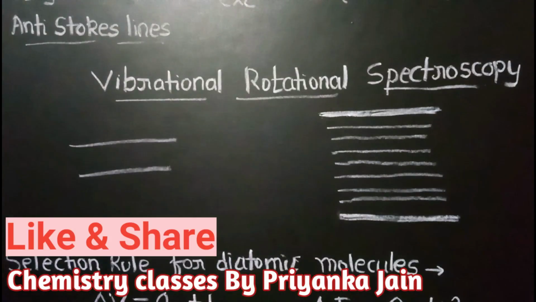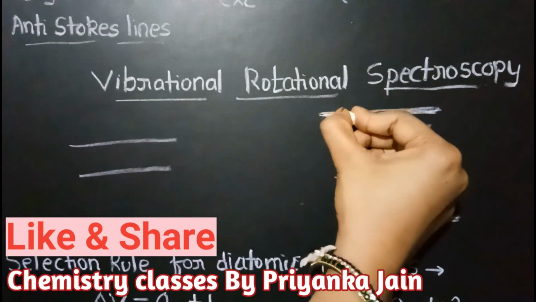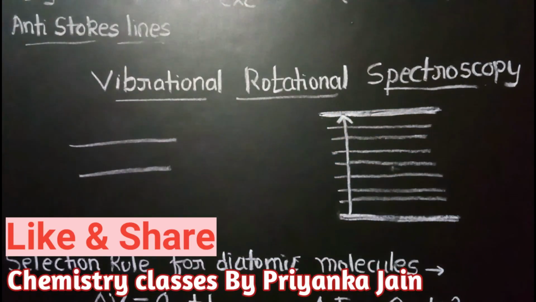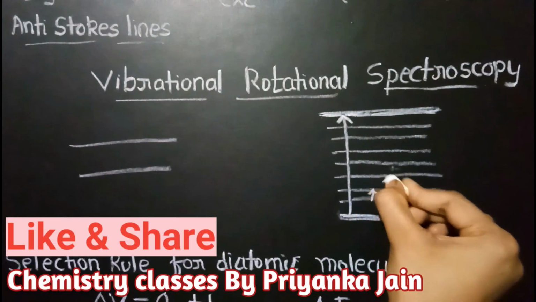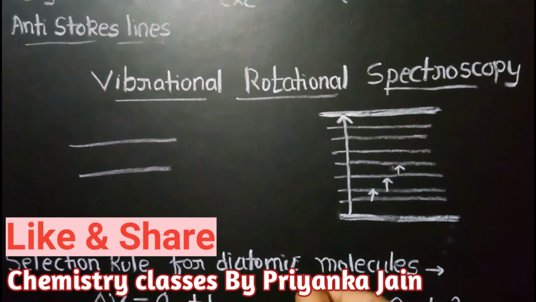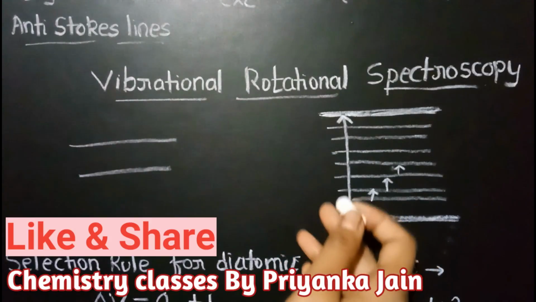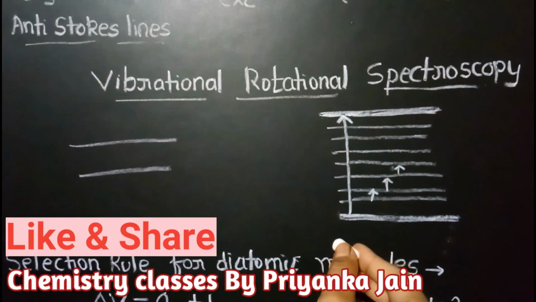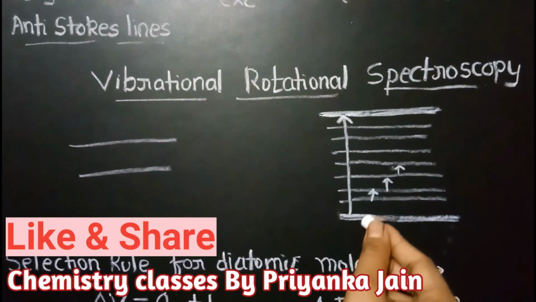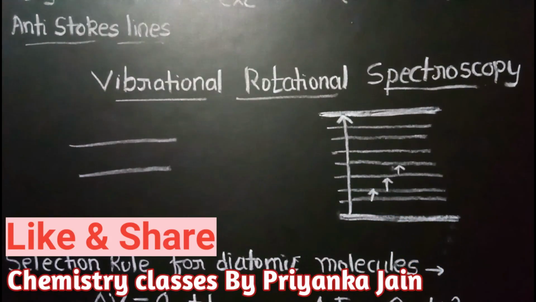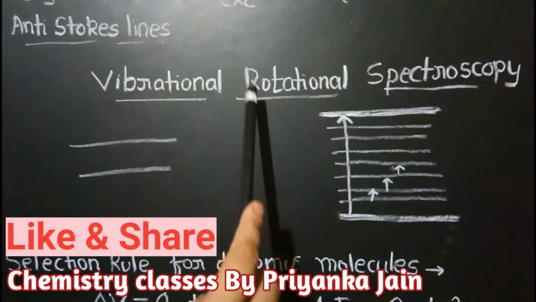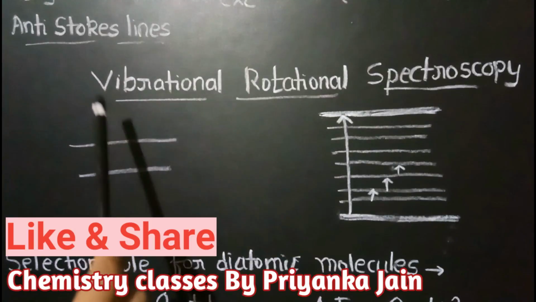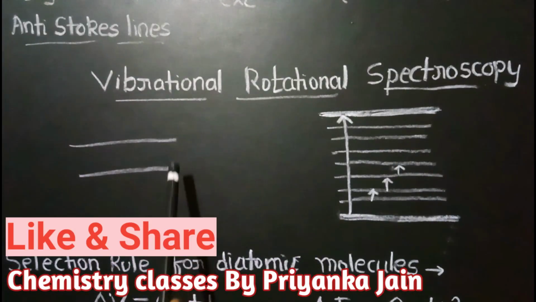So if we cause a transition between the vibrational levels by the absorption of IR radiation, then there will be simultaneous transitions between the rotational levels. So the vibrational transitions are always accompanied by rotational transitions. In general, what we observe are the vibrational rotational spectra. So here we will concern the vibrational rotational Raman spectra.